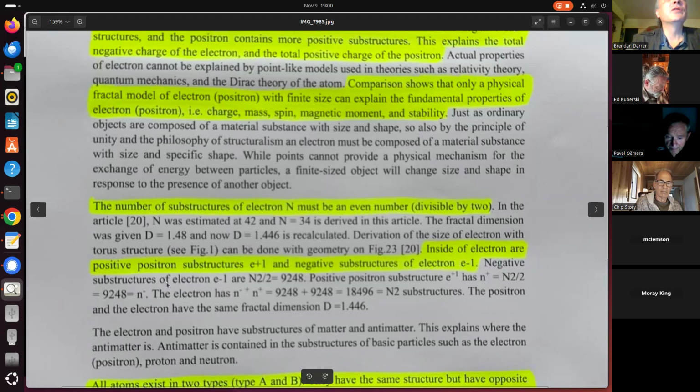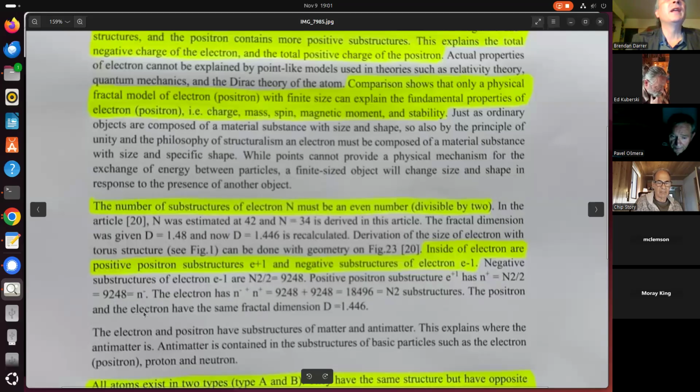Negative substructures of the electron E-1 are N/2 equals 9,248. The positive positron substructure E+1 has N plus N/2 equals 9,248 equals N. The electron has N minus plus N plus, equal to N substructures.